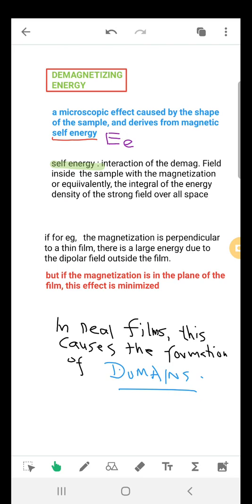If, for example, the magnetization is perpendicular to the thin film, there is a large energy due to the dipolar field outside the film. But if the magnetization is in the plane of the film, this effect is minimized. Now, in real films, this causes the formation of domains. This demagnetization energy is the reason for the formation of domains.